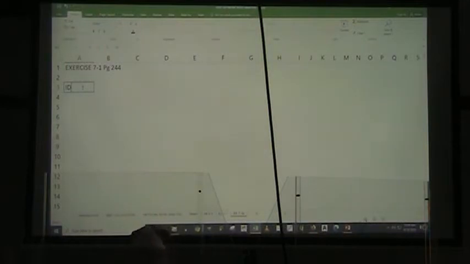Okay, 93 time units. All right, so we have the identification of each activity. We have a description. We have the predecessor activity.